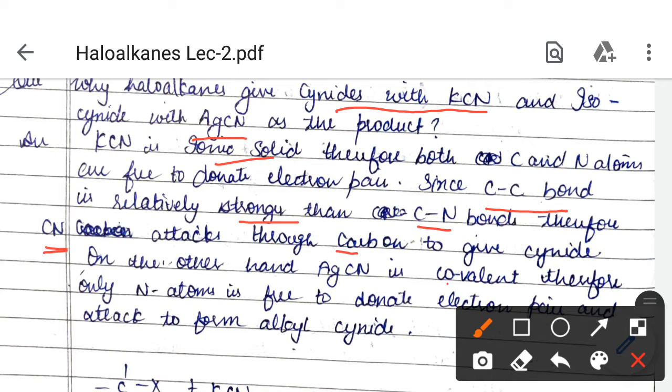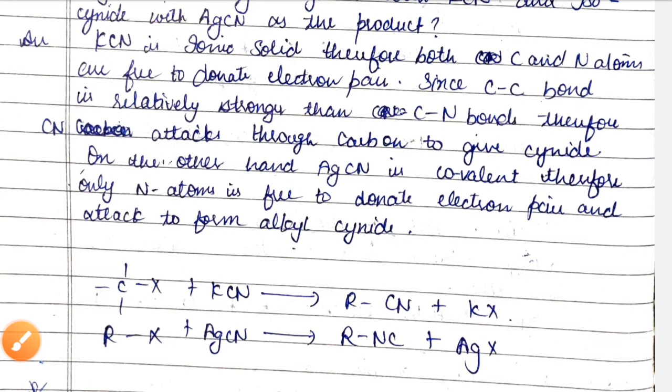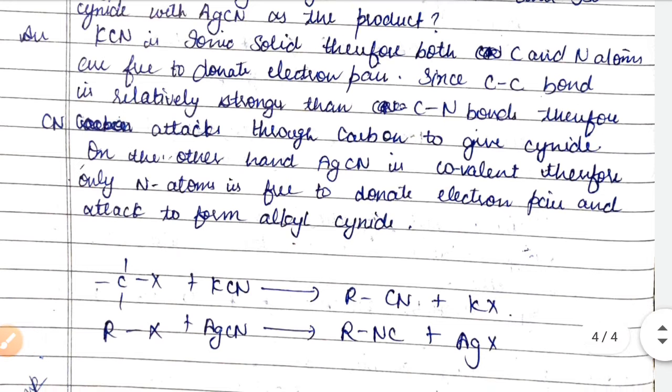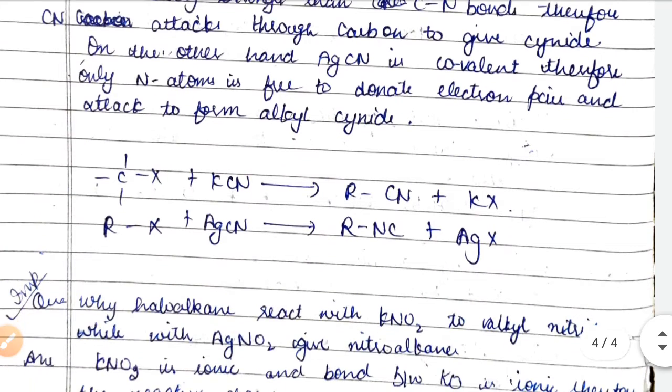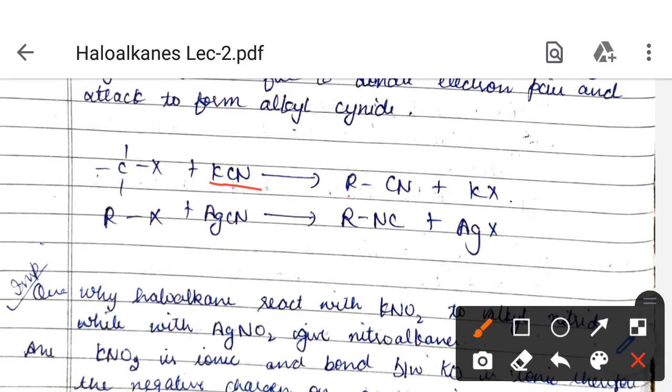On the other hand, in AgCN there is a covalent bond. So only nitrogen is free to donate its electron pair and attacks to give isocyanides. So we can see in this example that in KCN cyanides are formed, in AgCN due to the covalent bond only nitrogen is free to attack, and it gives isocyanide.